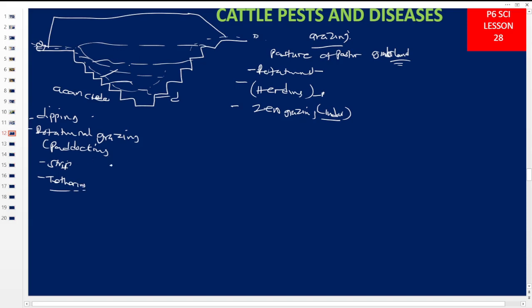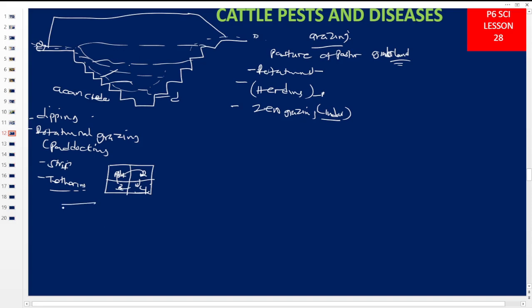Paddocking is done when a farmer has a large piece of land and divides this piece of land into plots, and these plots are fenced permanently. You build a permanent fence. Then this becomes paddock 1, paddock 2, paddock 3, and 4. Then animals keep on rotating from paddock 1 to paddock 2, paddock 3, paddock 4, then they come back here. Are you getting it?